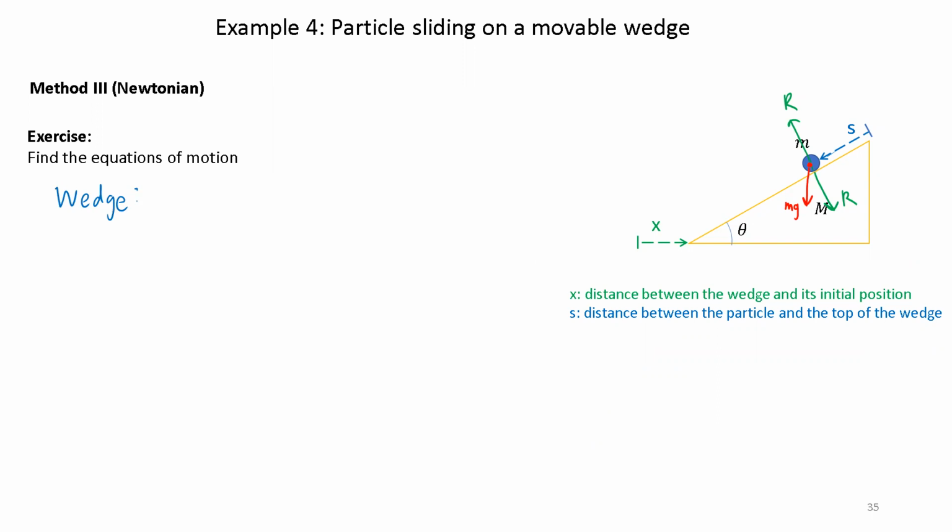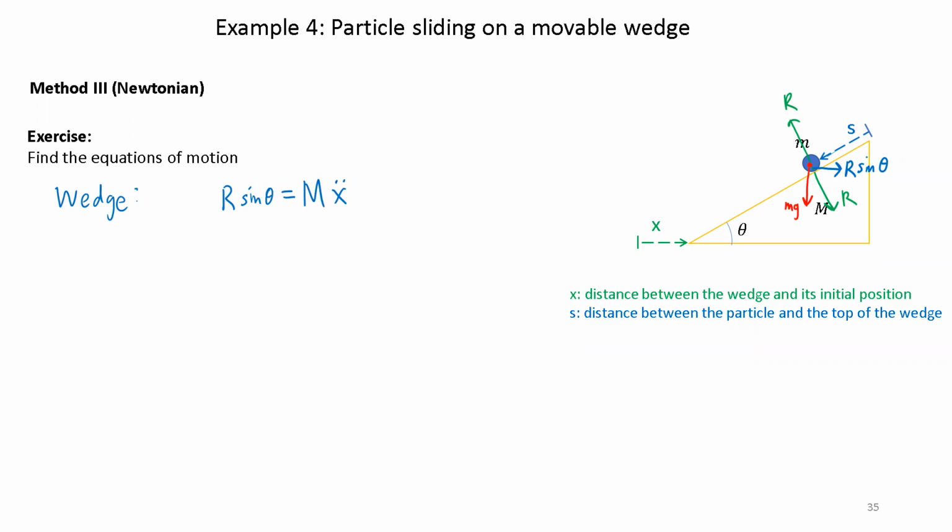So what is the force acting on this wedge horizontally? It would be this component over here, r sine theta. So F equals ma is r sine theta equals the big M times x double dot. So this is for the wedge.